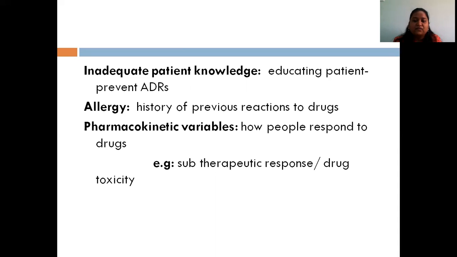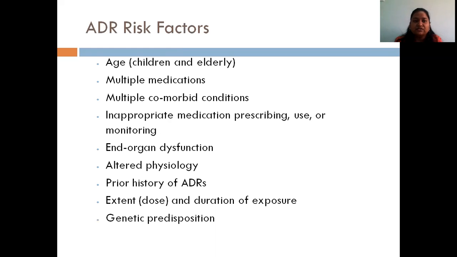If there is, then we have to monitor all the reactions properly and report them, so that next time if the drug is given to another person in the same conditions, there is proper monitoring of the ADRs. Next are pharmacokinetic variables. How people respond to drugs is also a main criterion. Subtherapeutic responses or drug toxicity can lead to adverse drug reactions.